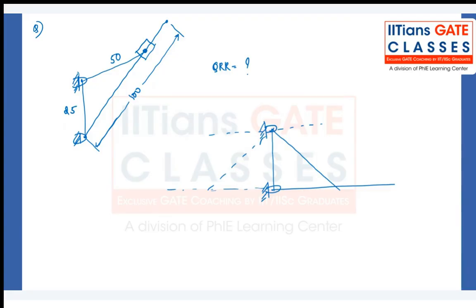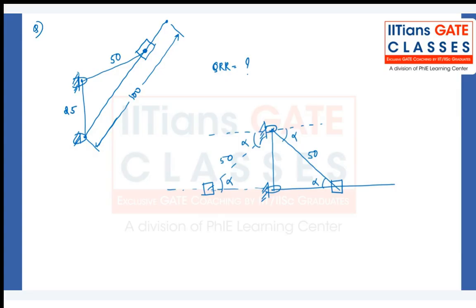The extreme positions are 50, 50, 50. So this is an alpha angle, it creates an alpha angle. This can also be alpha angle because alternate angles are equal.